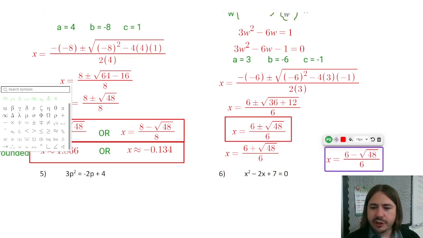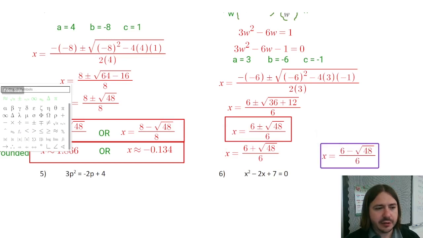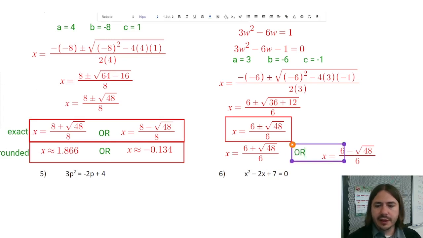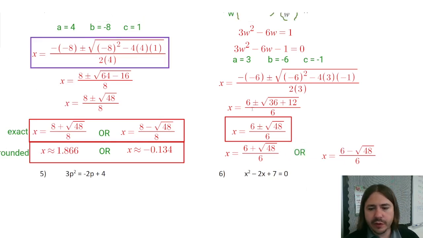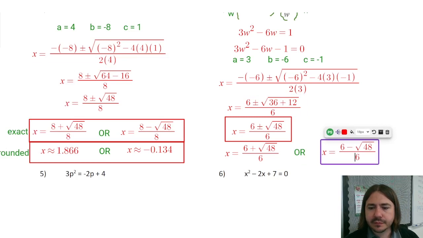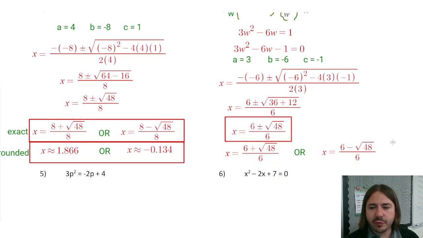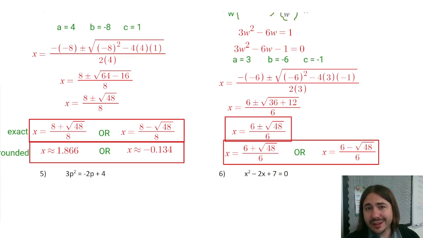So really just for the sake of this video to emphasize the fact that there are two solutions here, one that has the plus and one that has the minus. Both of these essentially mean the same thing. You can kind of see the advantage to this one up here, right? Because there's a lot less writing to do. The plus or minus is kind of all contained within this symbol right here.